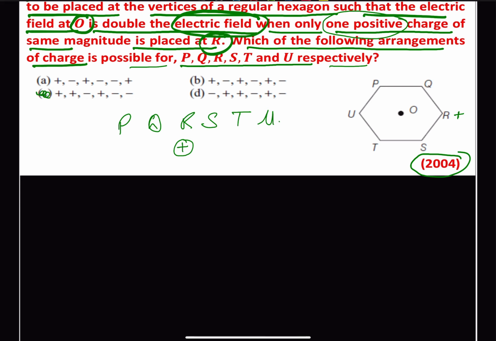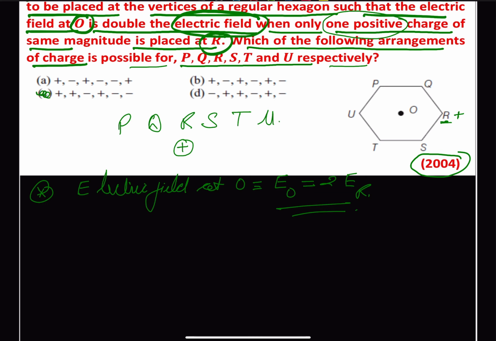Okay. And secondly, we want that the electric field at this point O should be equal to double the electric field that is being generated by the charge which is at point R. Therefore, we can say that our electric field at O, let us suppose call this as EO, should be equal to double the electric field for our R. So basically this EO is the representation of a net, or we can say the resultant electric field.